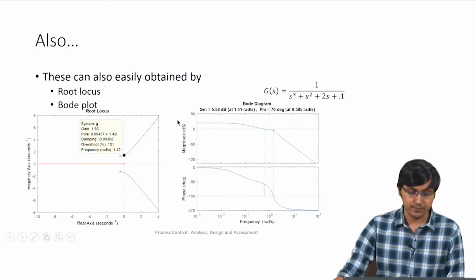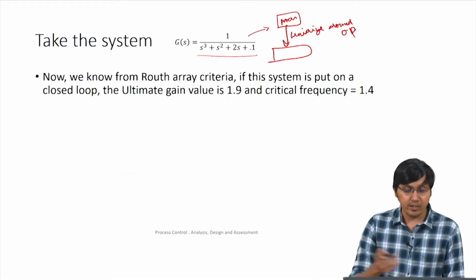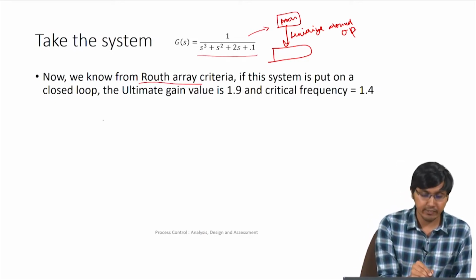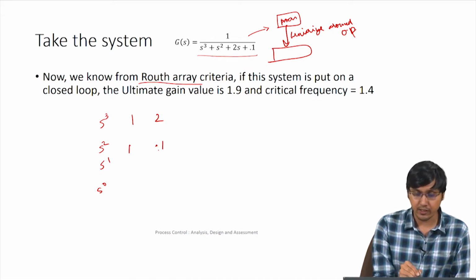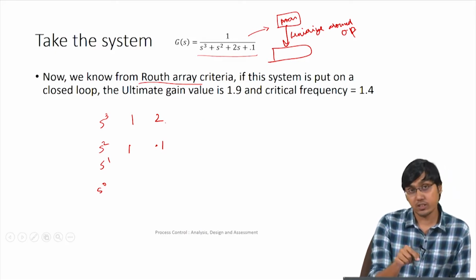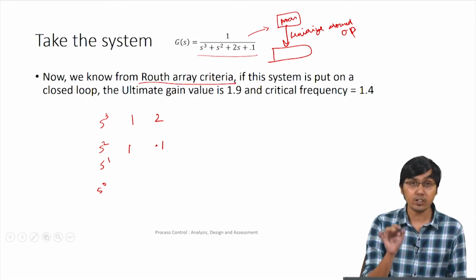Now you can use the Routh criterion. We already solved it, but again we can solve it: you put s cube, s square, s1 and s0, and then you put 1, 2 here, and then 1 and 0.1 here. We have to remember we use the Routh criterion for a closed loop transfer function.